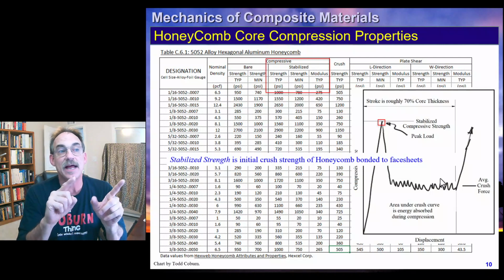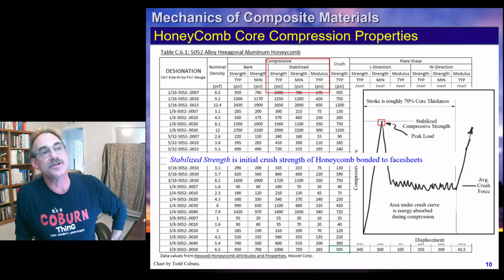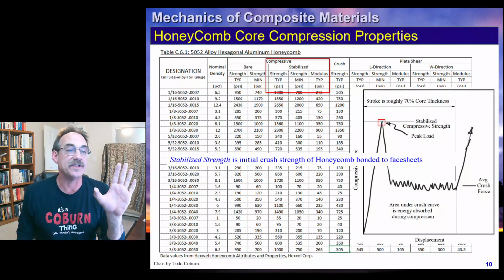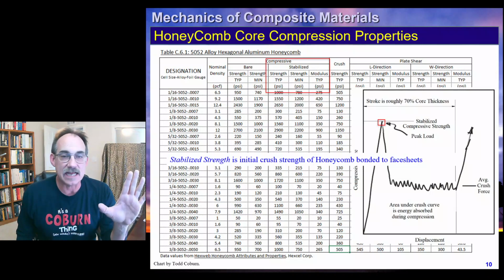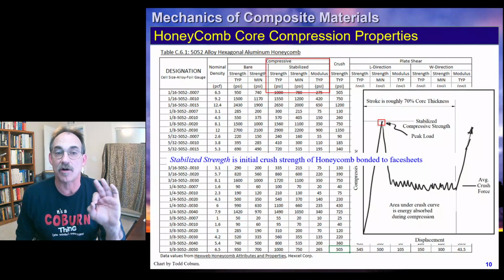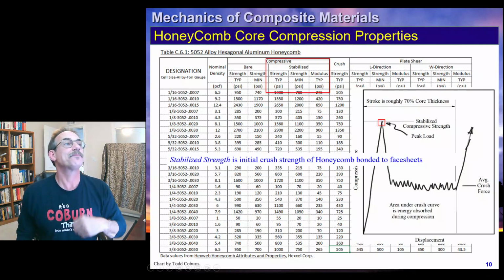So that's called the stabilized strength, and that also corresponds to this point. Hexcel's data gives us both the bare and the stabilized values. For any practical structural application, we're going to expect to use the stabilized values and not the bare values, since there aren't a lot of honeycomb cores flying without face sheets attached.